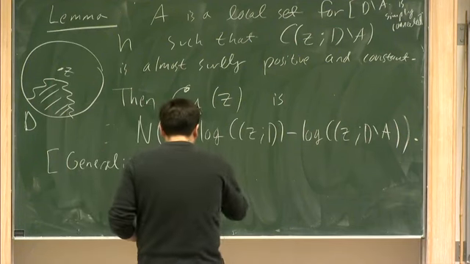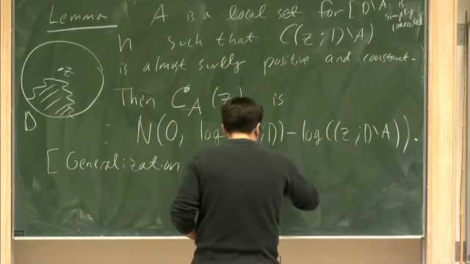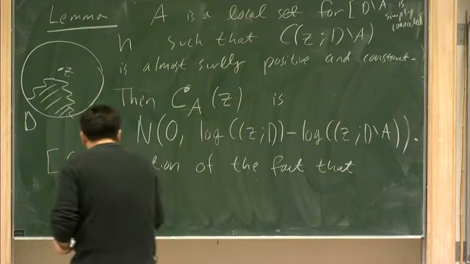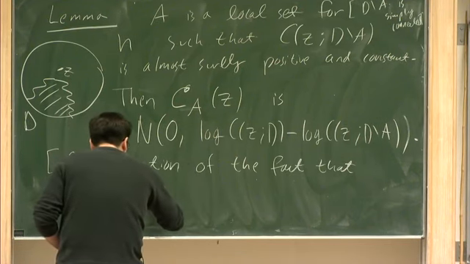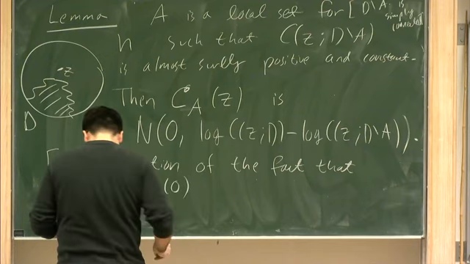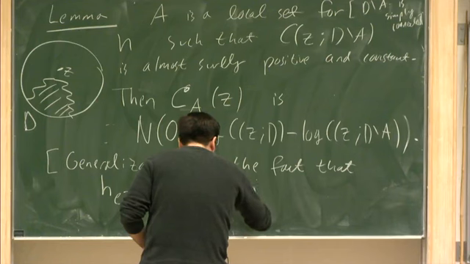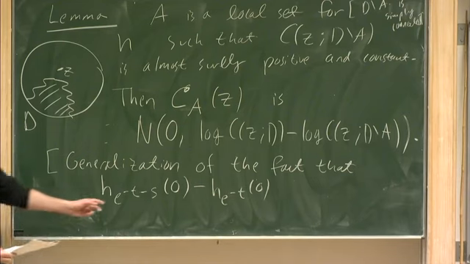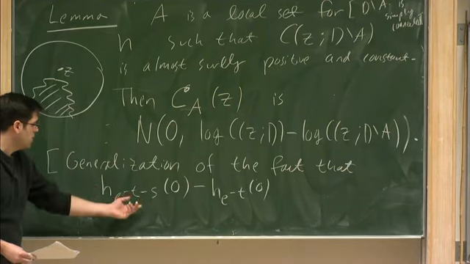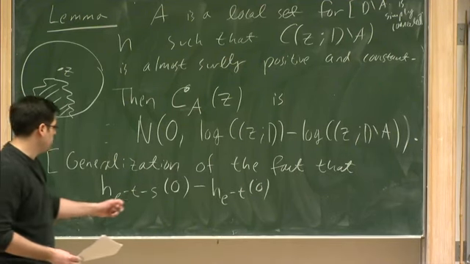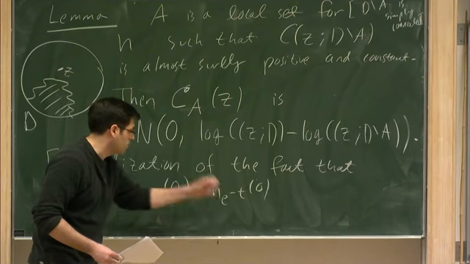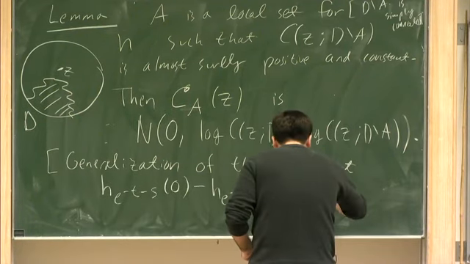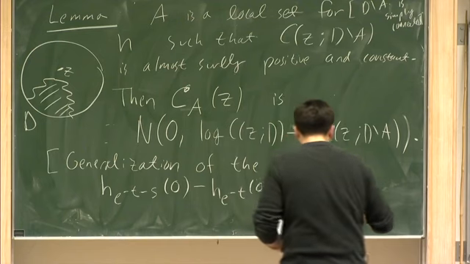It's a generalization of something that we did earlier: if you look at the difference of the circle average of the Gaussian free field about two circles, one of which is of radius e to the minus t minus s, a smaller circle, and the circle average about the circle of radius e to the minus t, then this is a normal random variable with mean 0 and variance s.